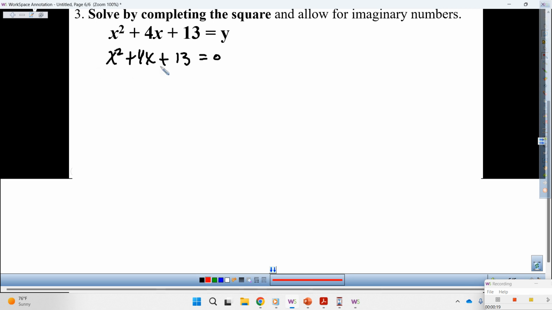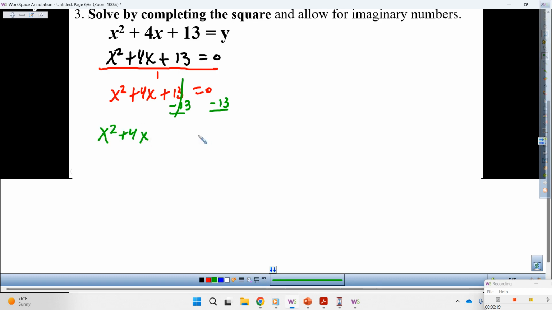So she went to the third step because there's no 1 here, but I'm going to do the 1 first before I subtract. So that is x squared plus 4x plus 13 equal to 0. And she said subtract 13 from each side. X squared plus 4x, empty space, equals negative 13. Pass on one, Kelly.